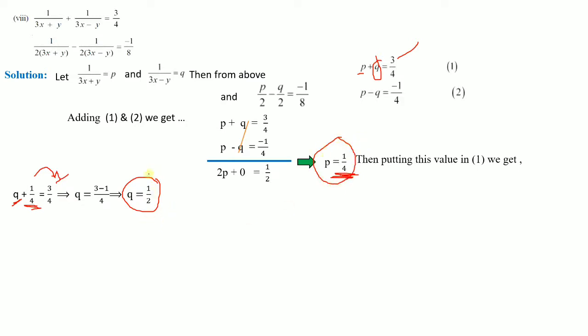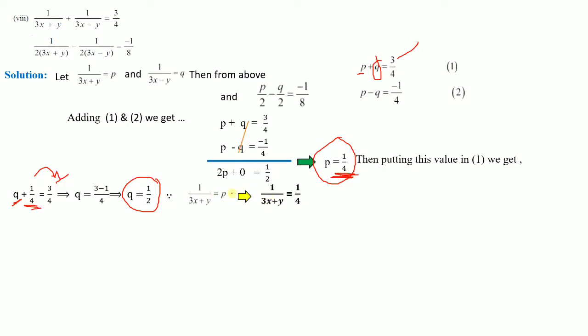As I told you earlier, since these are converted variables, we want x and y, so the answer should be in the form of x and y, so we'll go for that. As per our supposition, 1 upon 3x plus y is equal to p, and we got p is equal to 1 by 4, so 1 upon 3x plus y is equal to 1 by 4.